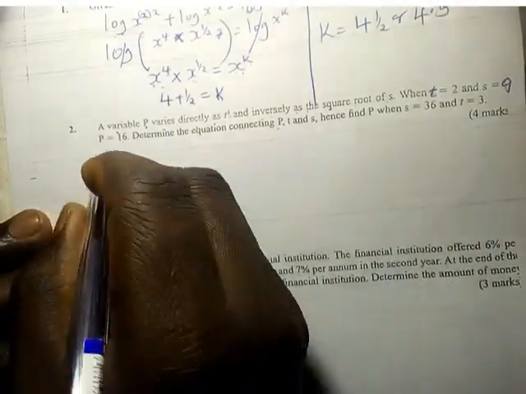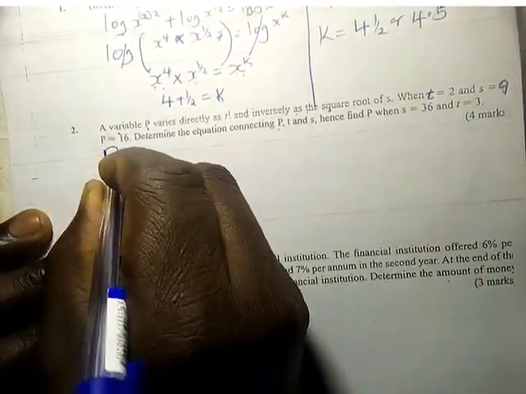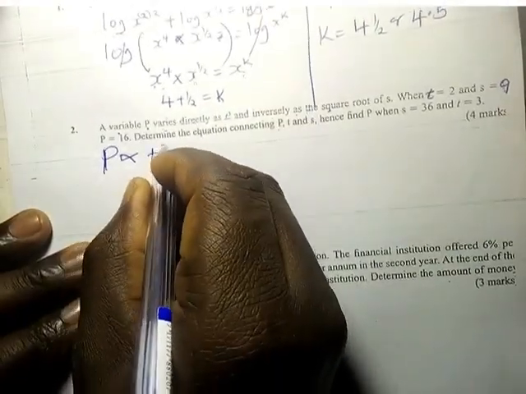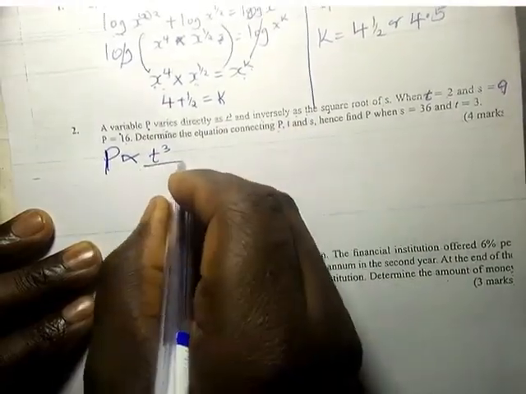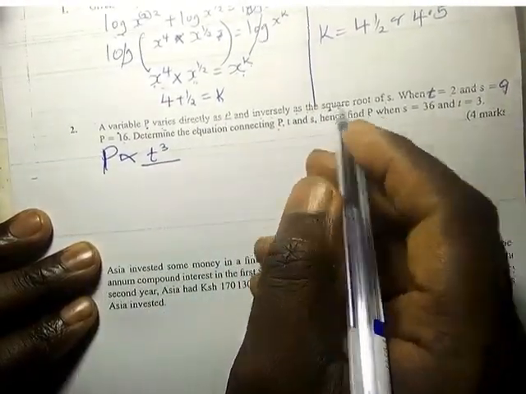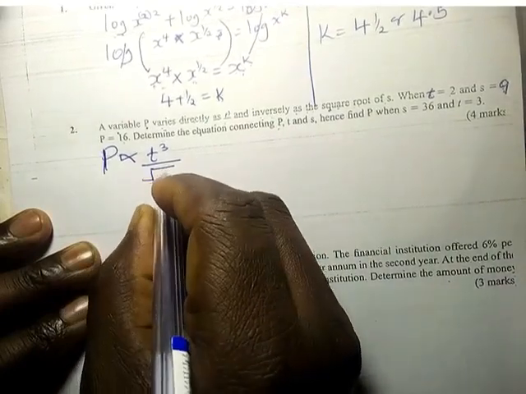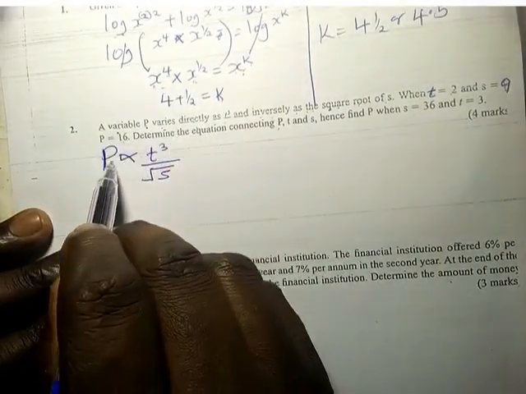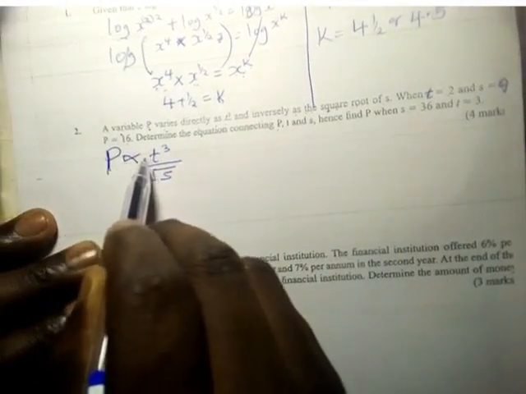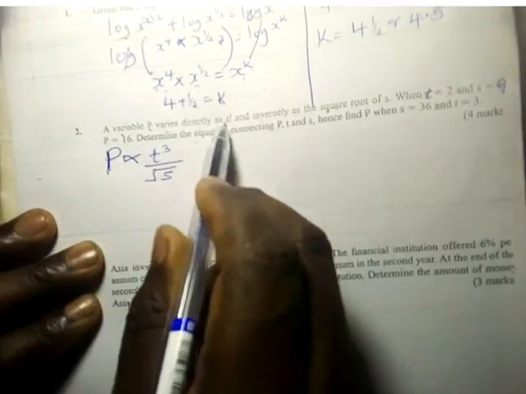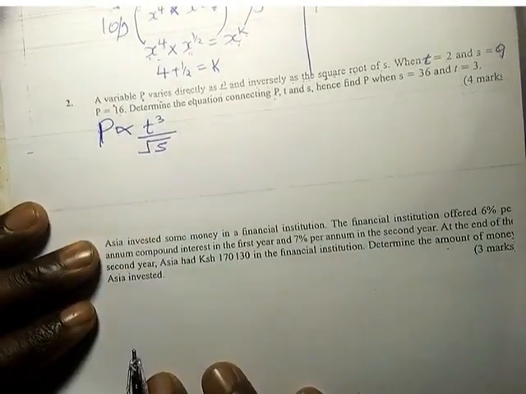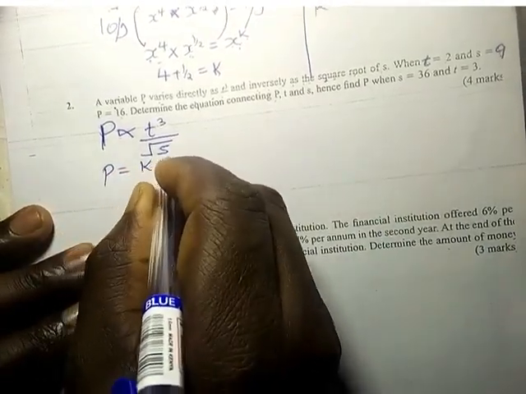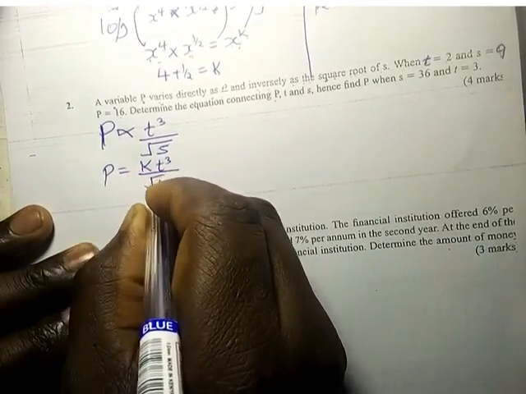So p varies directly as t cube and inversely as the square root of s, meaning p is equal to, introducing a constant k, k t cube over square root of s.